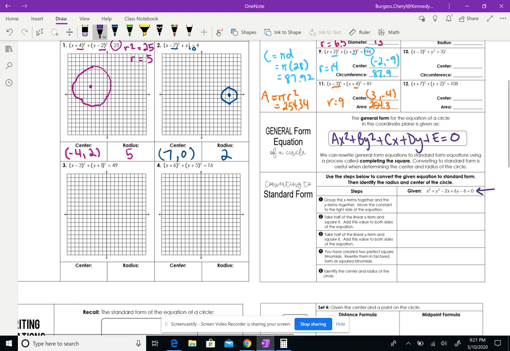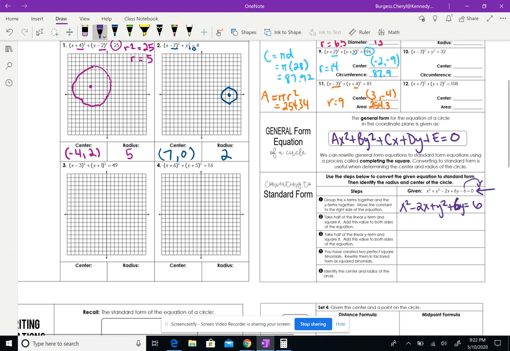So we're going to group the x terms together and then group the y terms together. So rewriting this as x squared minus 2x plus y squared plus 6y equals, because we're adding 6 to both sides, we want the 6 on the right, equals 6.